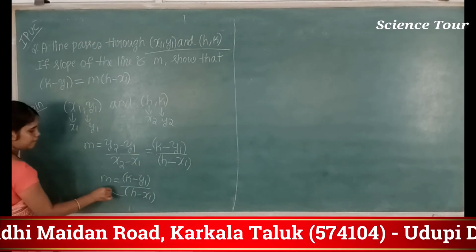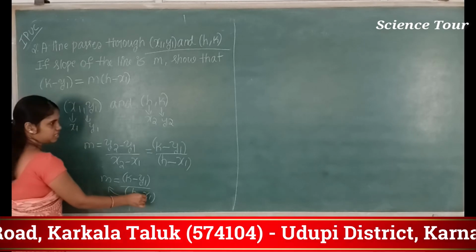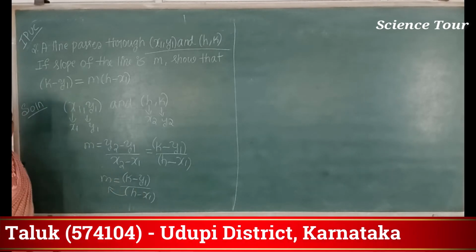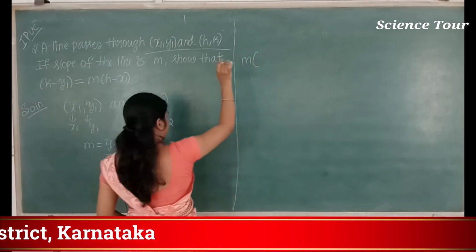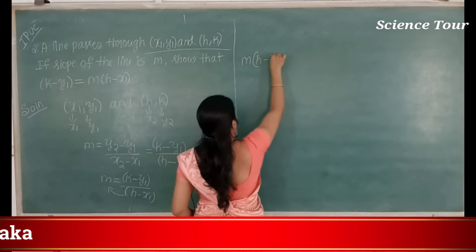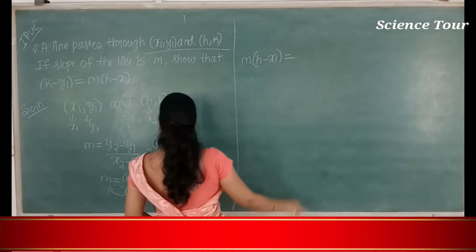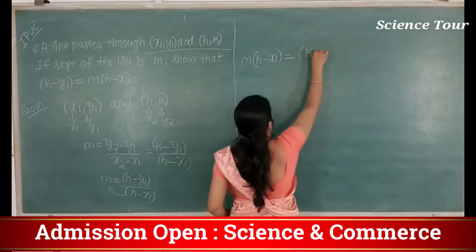Now I'll multiply this denominator h minus x1 with the m. We'll see now what it will become. m into h minus x1 equal to k minus y1.